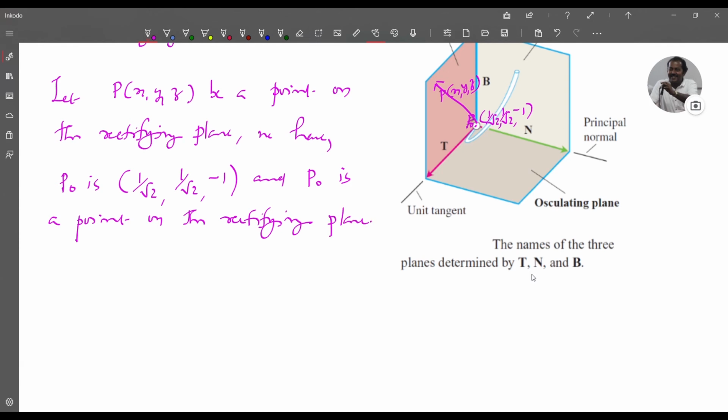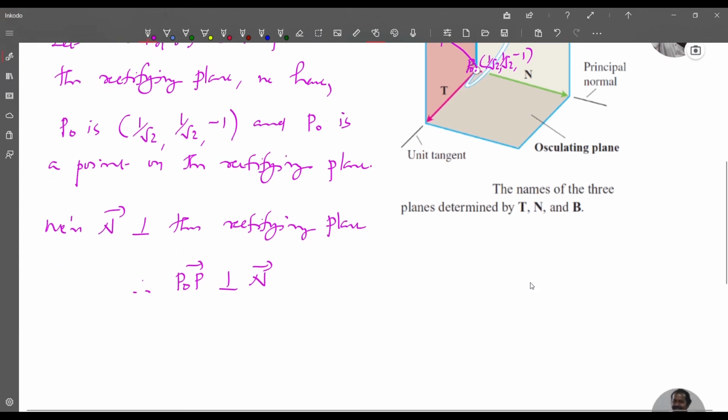We have n is orthogonal to the rectifying plane. Therefore, P naught P is orthogonal to n. Therefore, P naught P dot n equal to 0.